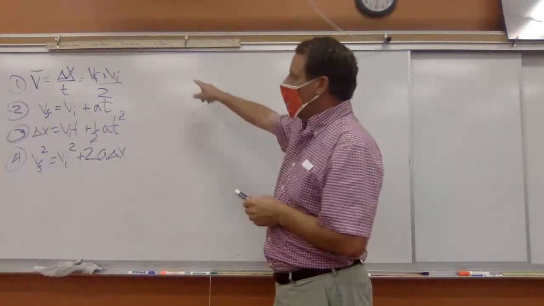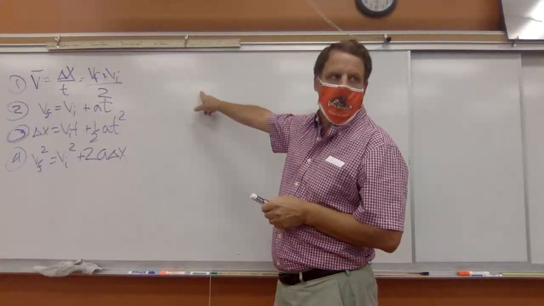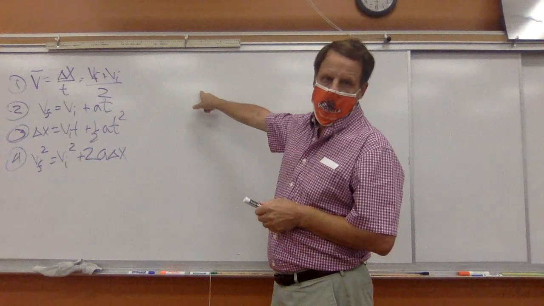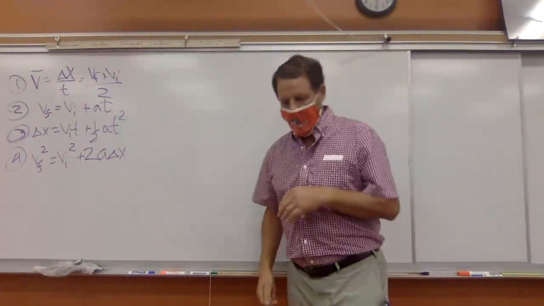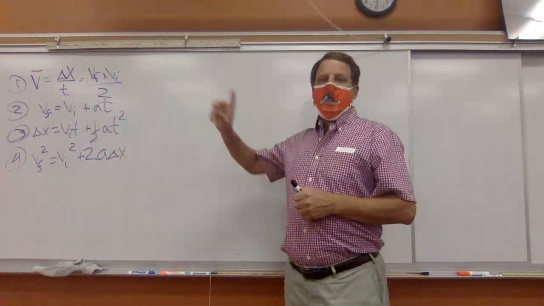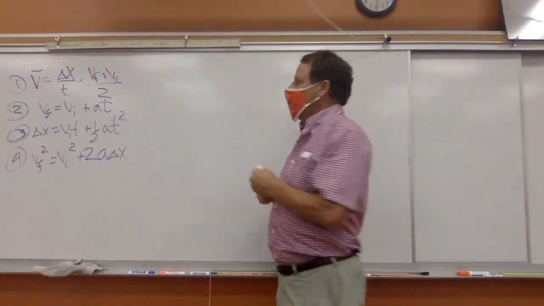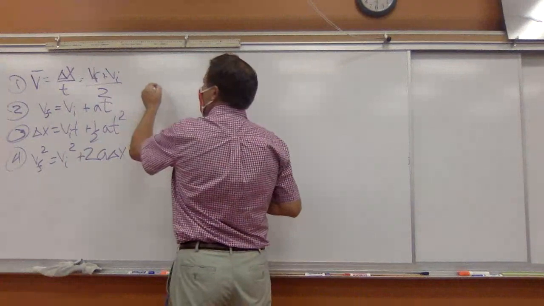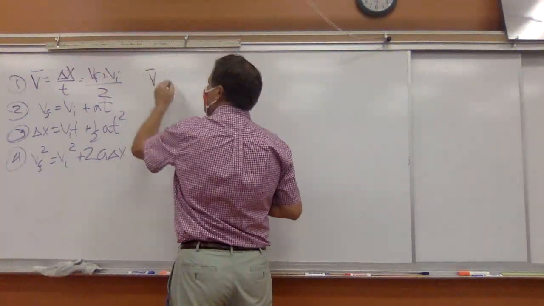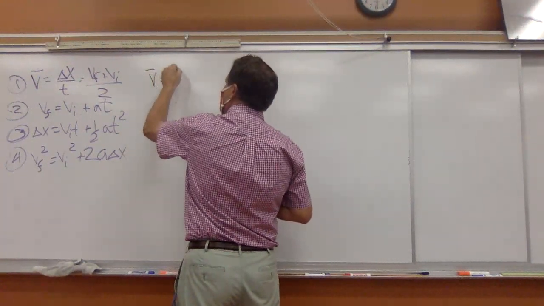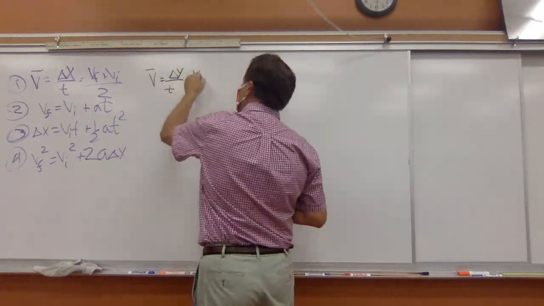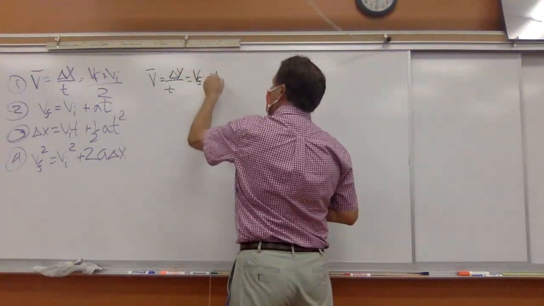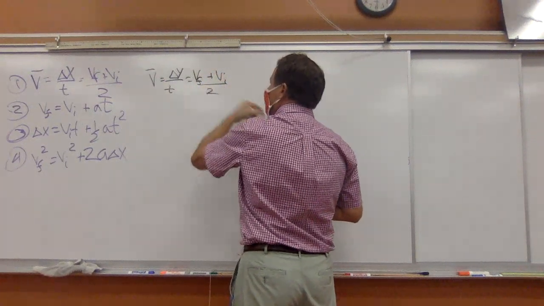So these equations are going to change very slightly. They will have the same pattern, and you can just adjust this in your own head. Our first equation is average velocity is equal to change in y over t, which equals v final plus v initial over 2.